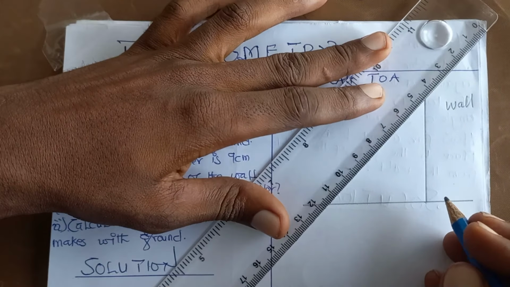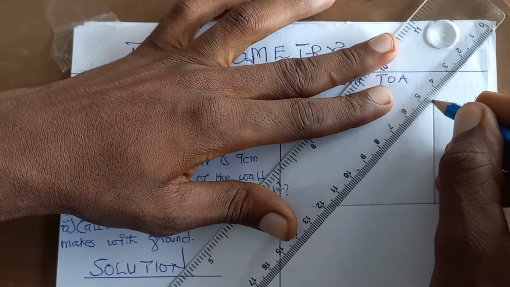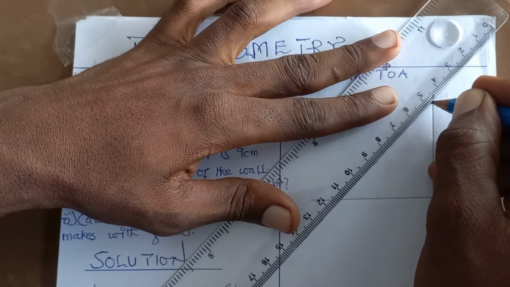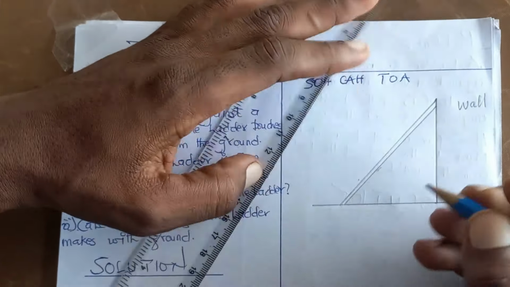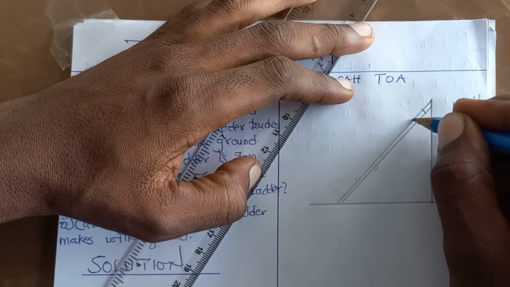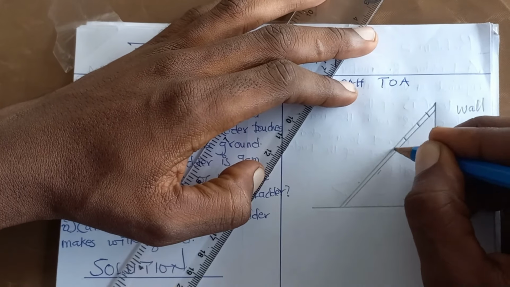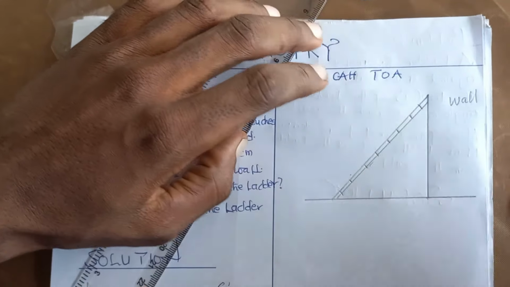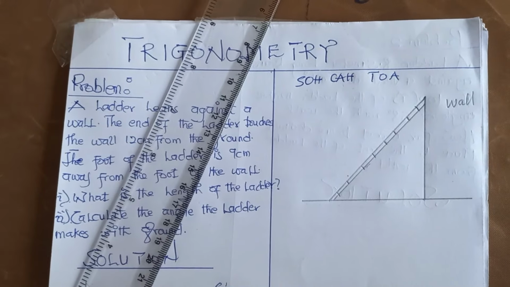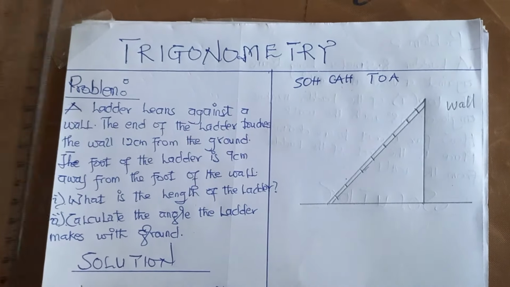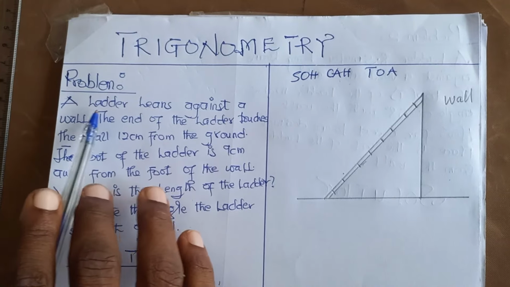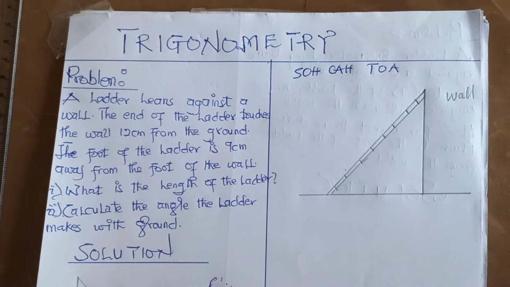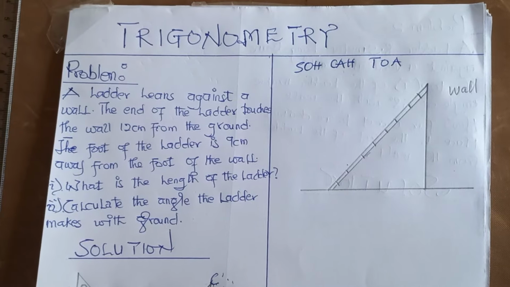So get the ladder. So nice like this. Good. So we are getting a ladder leans against a wall. So you see, sketch it like this nicely.